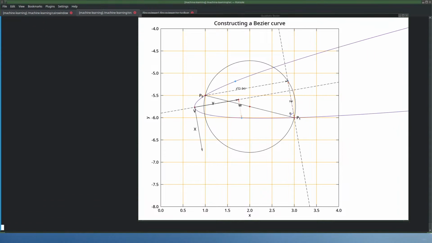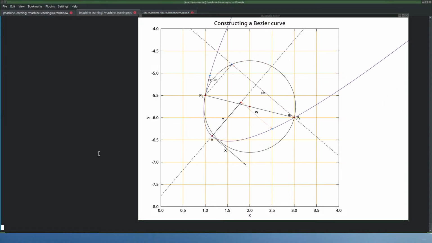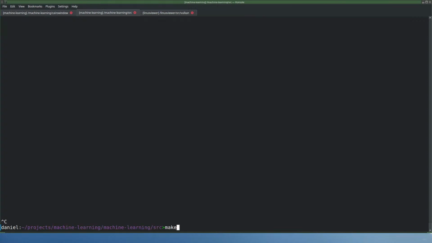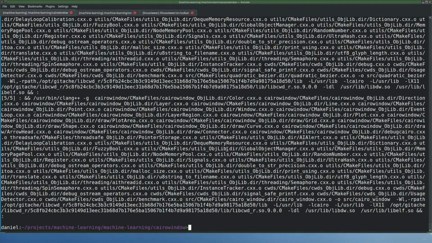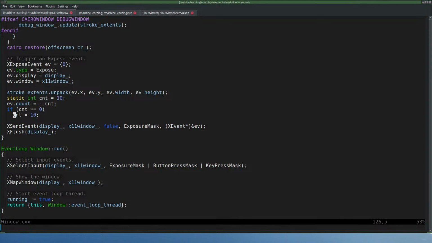Nah, it's still horrible. Almost no difference, man. I don't see a difference. Maybe I'm doing way more updates than I think I do.